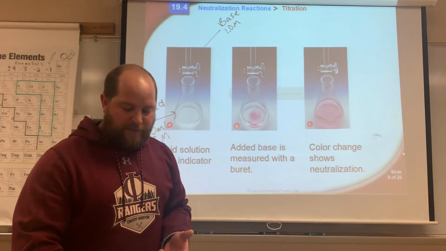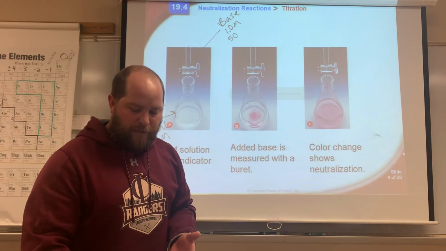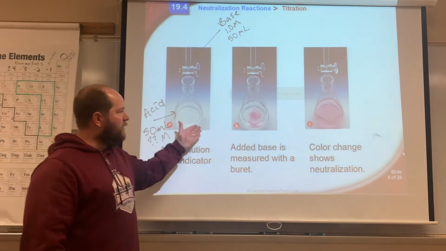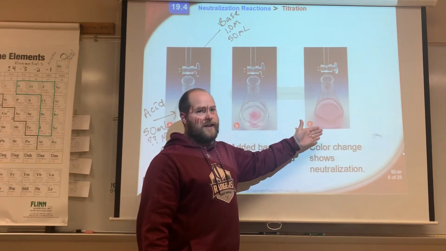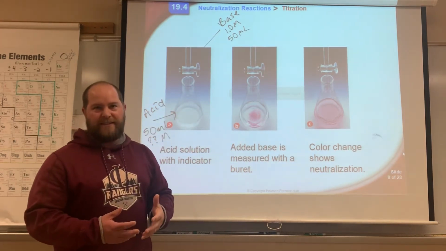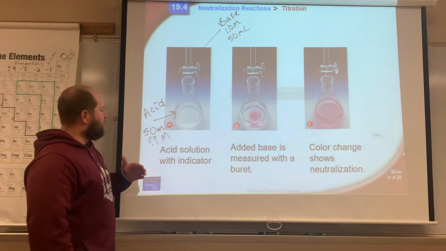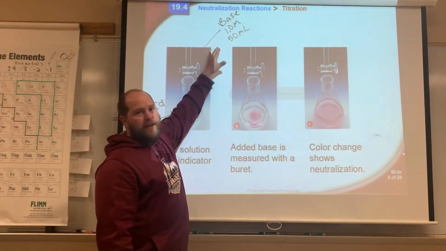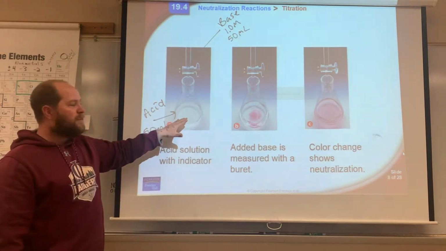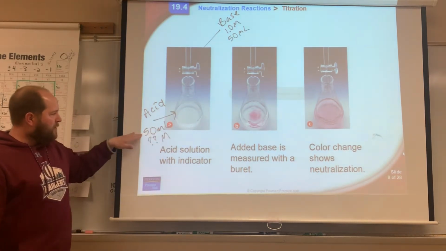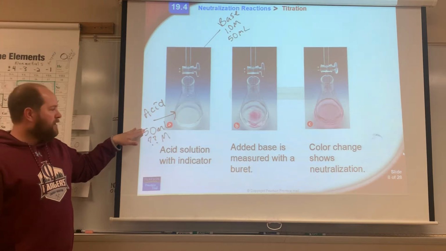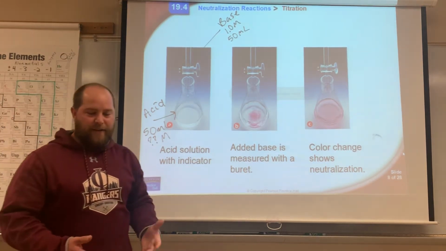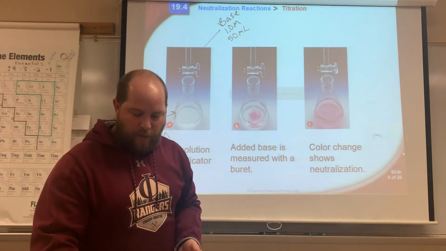Let's say it took 50 milliliters of the base to completely neutralize this. I made these numbers easy for you so you can clearly see it. If it took 50 milliliters of a 1 molar base to neutralize 50 milliliters of the acid, what would the concentration be? The concentration would be 1 molar.